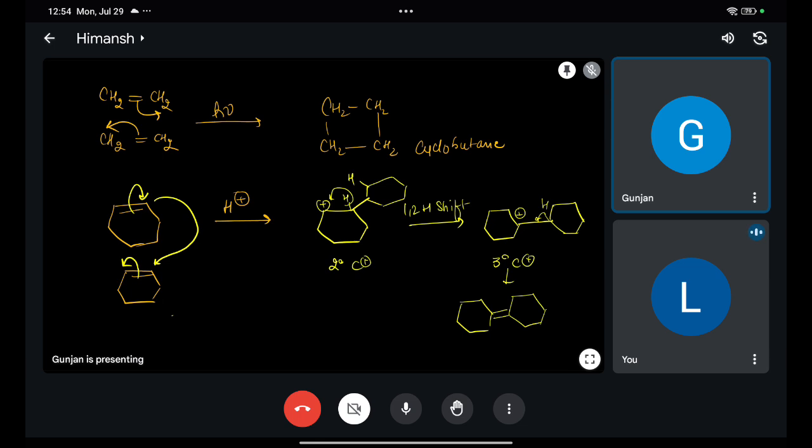Yes, ma'am. And as we formed that double bond like this only, in the first step H positive is added, in the last step H positive is removed. Okay? I'm again telling you, Himansh, just revise the reactions, don't miss any of the reactions that we discussed in the class. Just keep revising them on a daily basis. So these questions are very simple. If you thoroughly revise them, you will find it very easy. Okay?